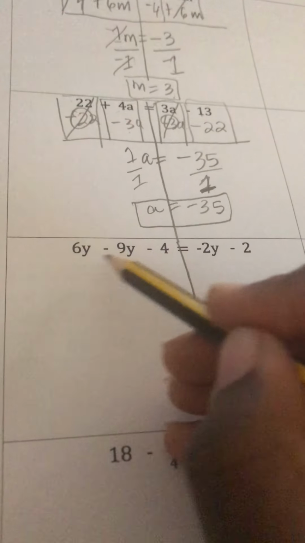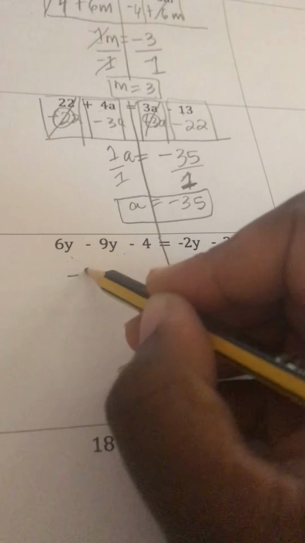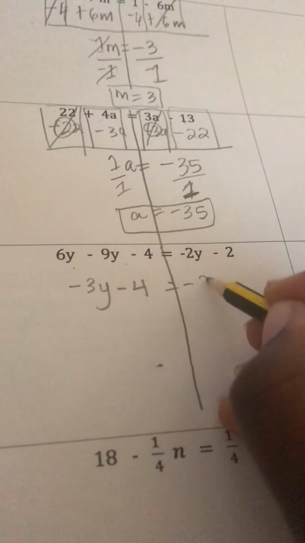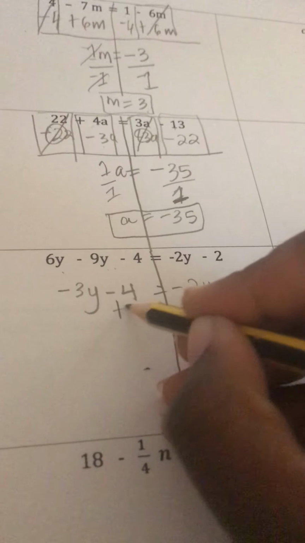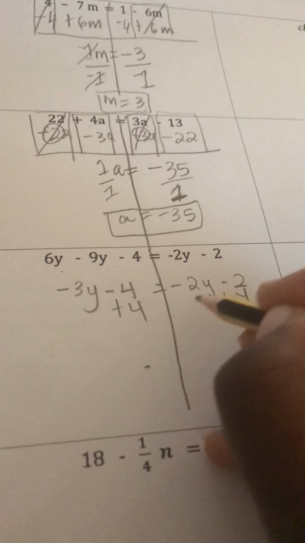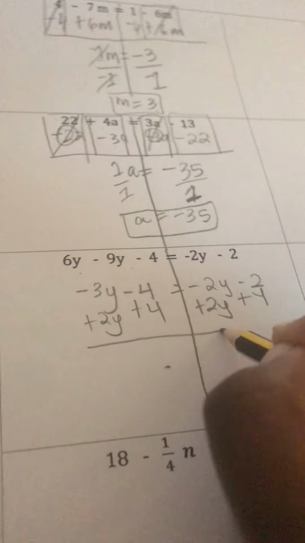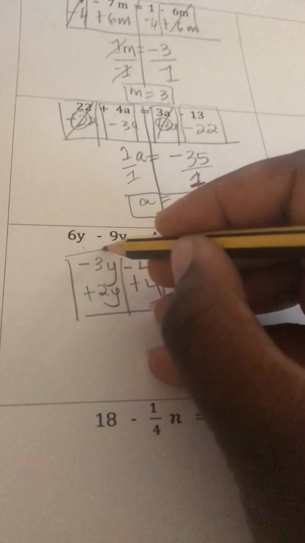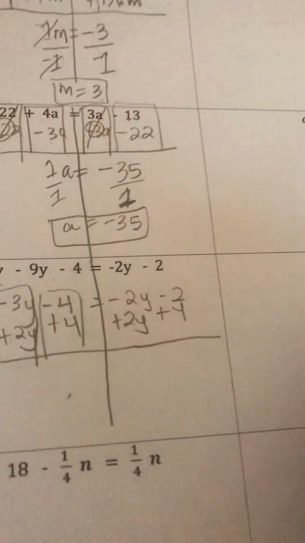All right. Put these together first. This becomes 6 minus 9 is negative 3y minus 4 is equal to negative 2y minus 2. Put your letters together, numbers together. Plus 4 plus 4 plus 2y plus 2y. Then I box. You can box those that are going to be 0, or you can box everything and solve every box.